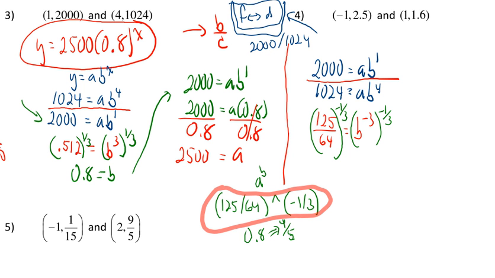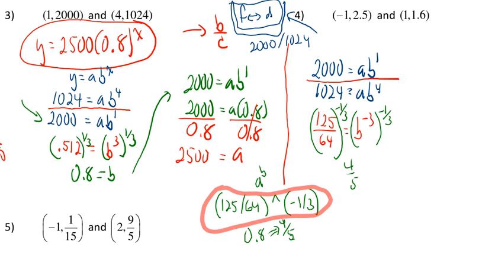So that's the hardest part of this. Now you've got 4/5, or you can use 0.8. You really don't need to keep a fraction. I did it over here as a decimal.